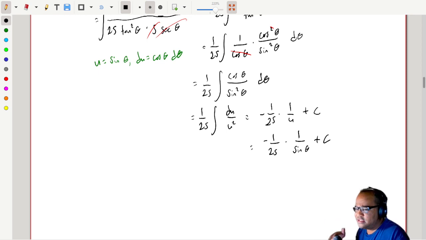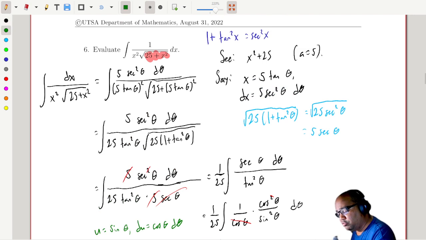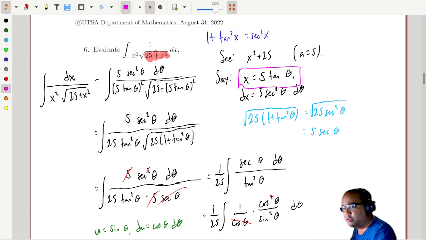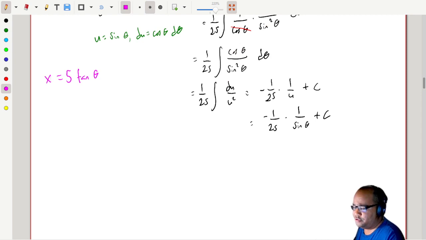Now I could write that as cosecants, but I like sines, cosines, and tangents, so I'm just going to leave it like this for the moment. Now remember, we're not done because our original problem was in x. Whenever we have an integral of this type, we take our original substitution, x equals 5 tangent theta, and we use that to draw a reference triangle.